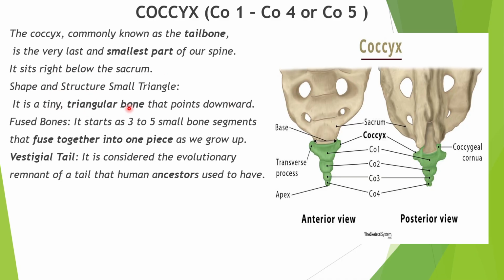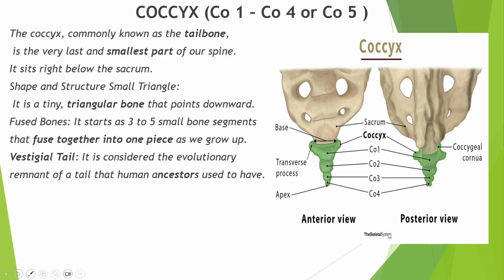It is a tiny triangular bone, pointed and fused. It starts as 3 to 5 small bone segments fused together into one piece as we grow up. So in our childhood there are separate bone segments, 3 to 5 in number, but as we grow up they fuse to form one piece. You can see one piece.